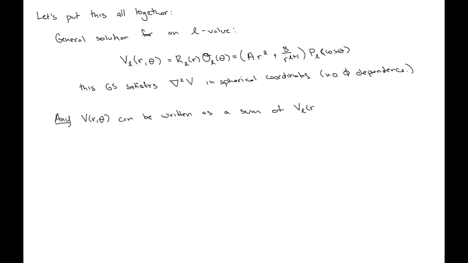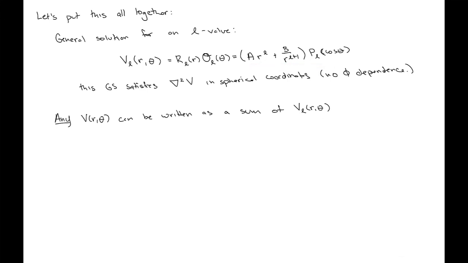These V sub L's are kind of like the Fourier sine series. I could write any function as a combination of those sine series. Now I can write any potential as a sum of these particular terms, where I change what the L value is, and then there's going to be a different coefficient out front.